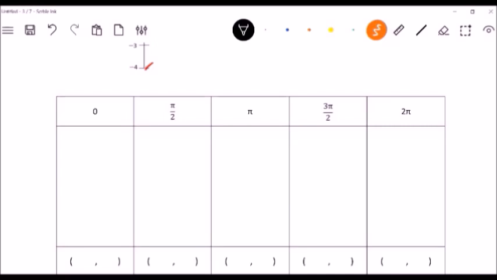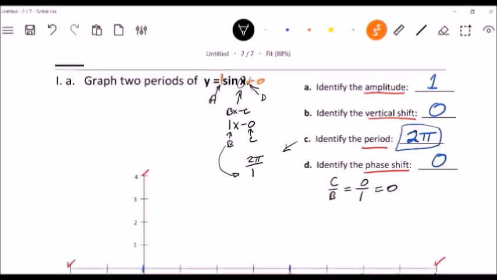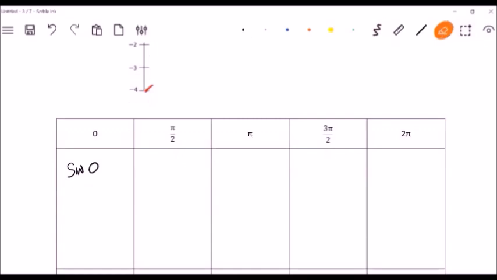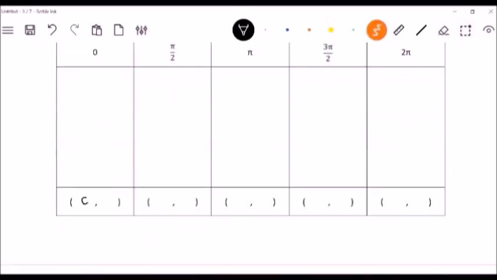And the way we would figure this out is we would take the sine of 0, because we're going to use this equation. In fact, I'll just write it as the y value. So down here, the x value is going to be 0, pi over 2, pi, 3 pi over 2, and 2 pi.